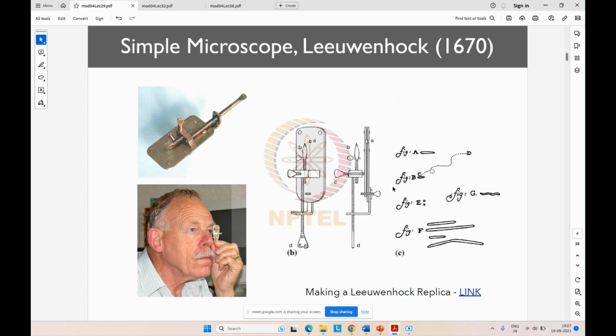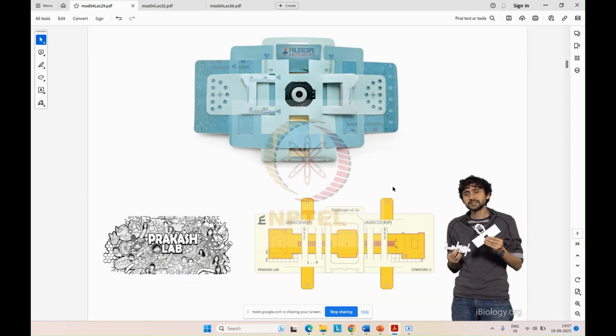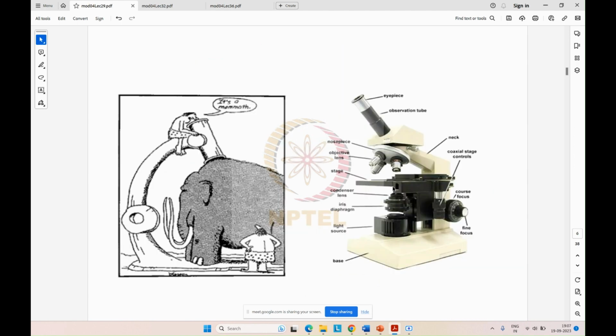You have one objective and you can place your sample near on the stage and you can see an image of it. And this folding microscope is something that tries to recapitulate what Leeuwenhoek did, and you can probably go and look it up as Sir had suggested.